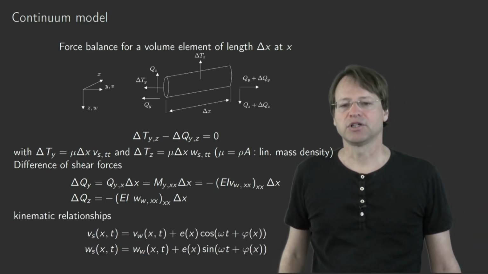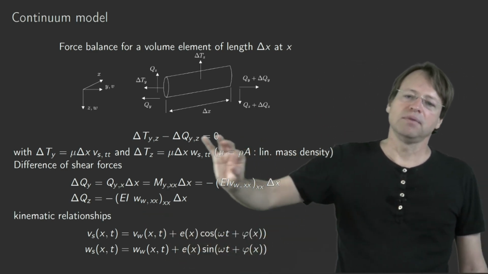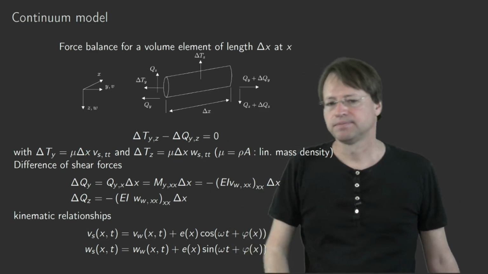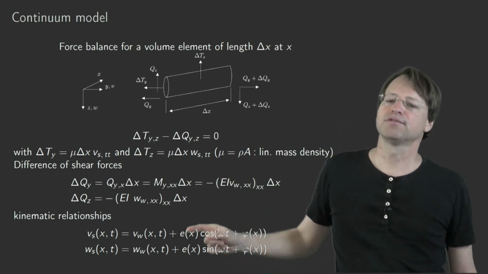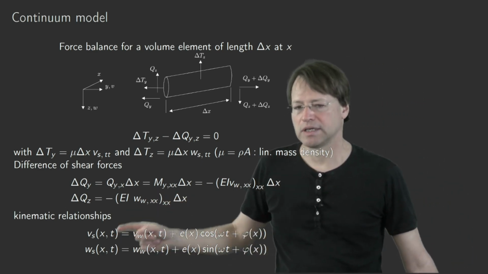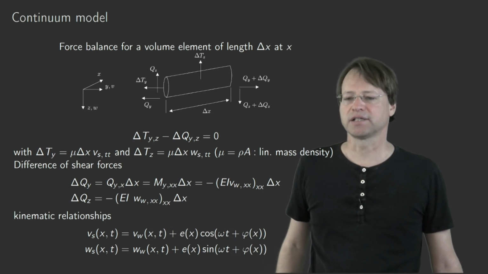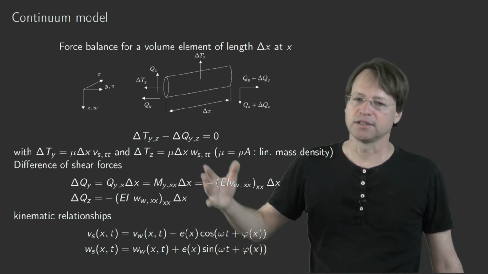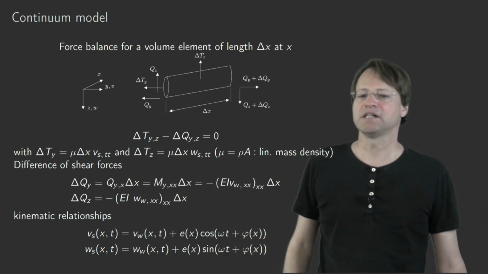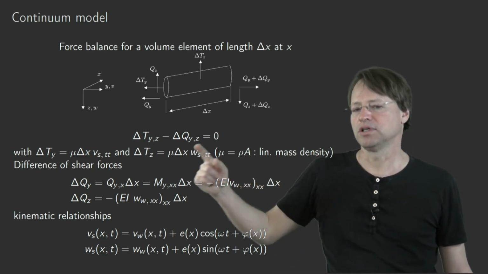So the kinematic relationships have to be extended now in a continuous way, because at each x you can have a different kinematic relationship. So both sets of coordinates still depend on time, but they also depend on the position x. And this is the true generalization of what you have seen before, the multi-disc rotor, where you had a discrete version, and now this is a continuous version.